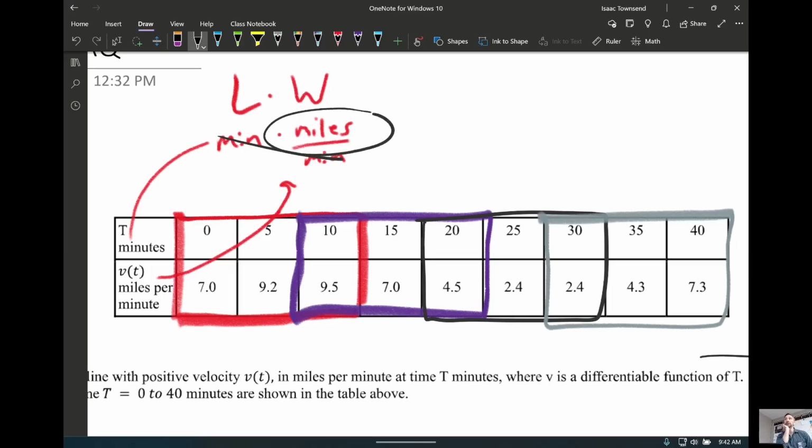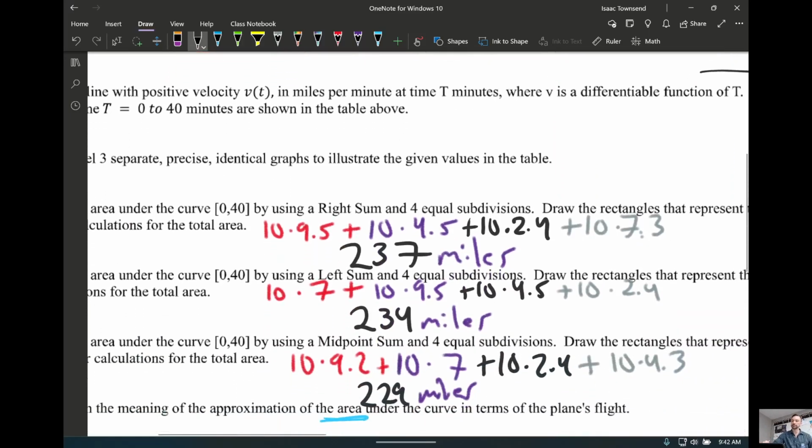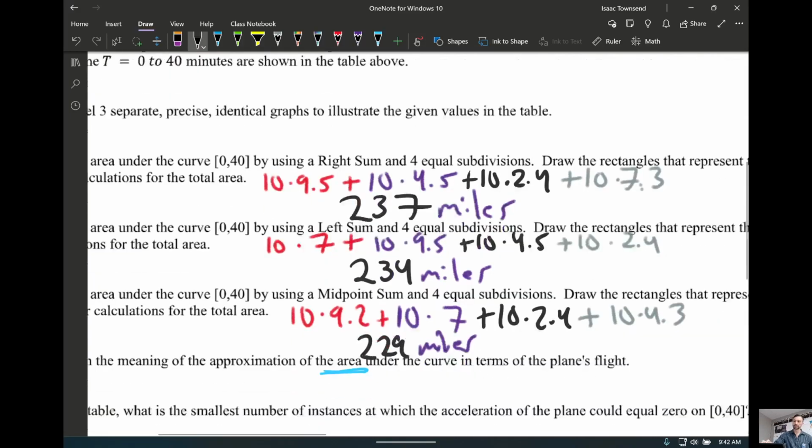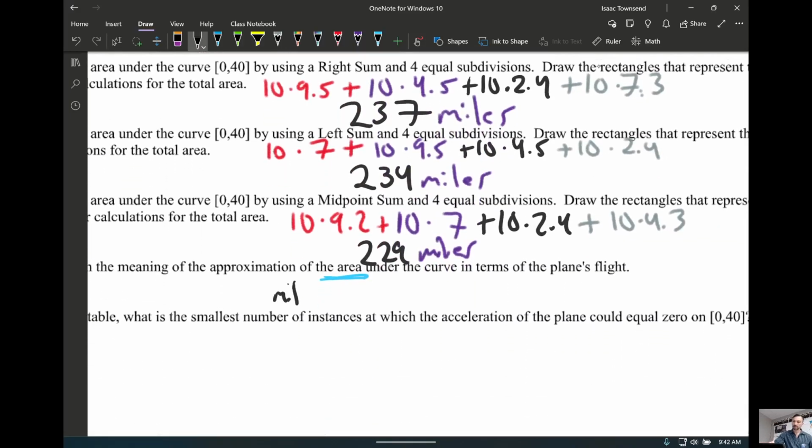So for this particular example and this data, each one of these areas represents the miles traveled by the airplane. Length times width, just multiply the units together. The units of length times the units of width, get the minutes to cancel, and you are left with miles. Area represents miles in this question.